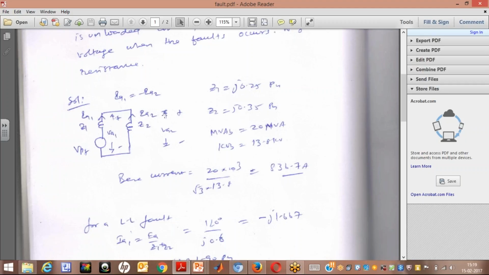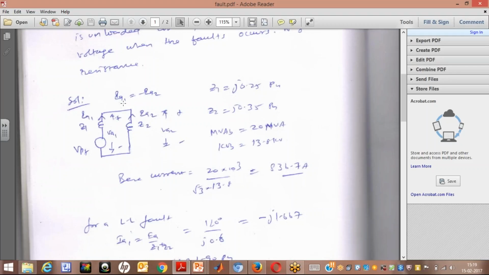It is given. Similarly, this is the negative sequence impedance. VA1 is the terminal voltage across the positive sequence network, and VA2 is the terminal voltage across the negative sequence network.